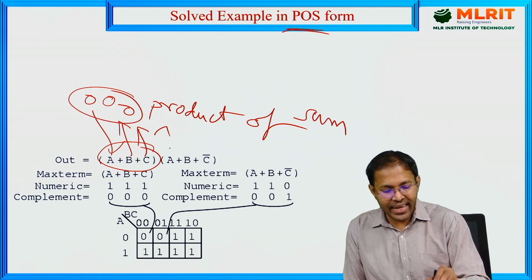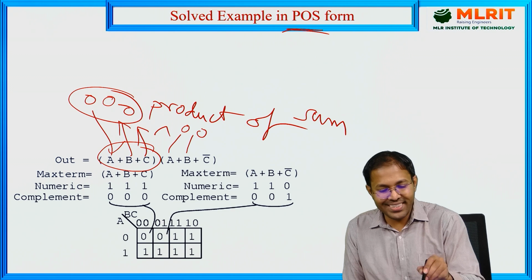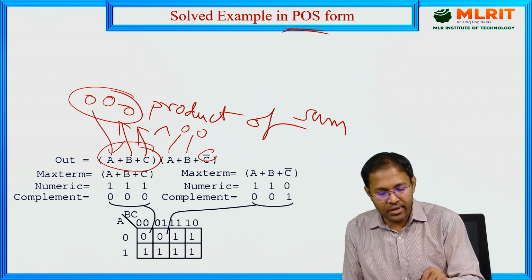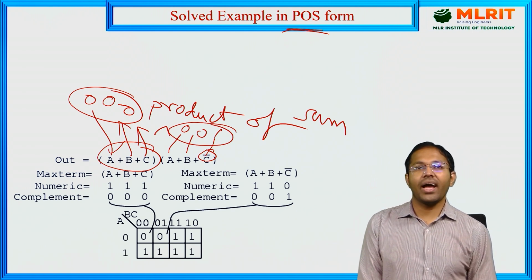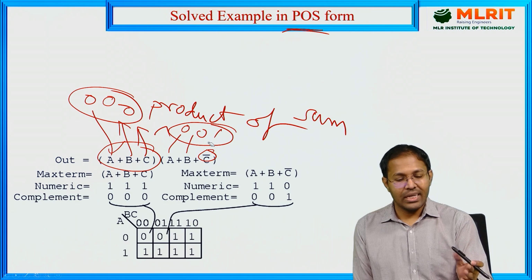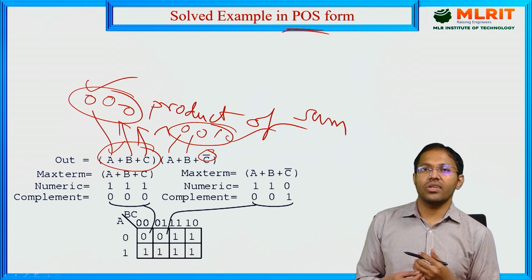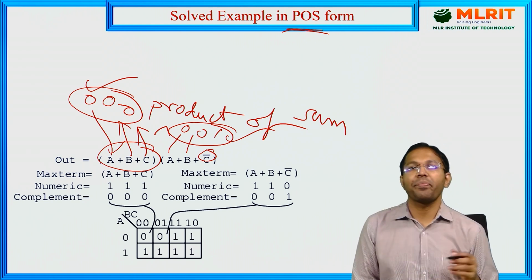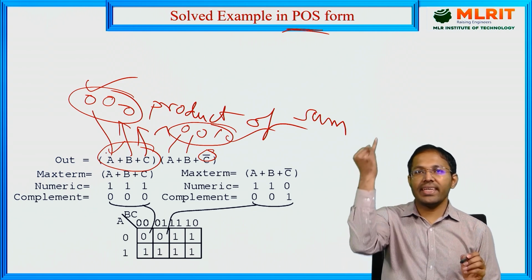Next, here again A 0, B 0, but there is a C bar, so we have to take 1 because there is a complement term here. So now we have two terms. One term is 0, 0, 0. Another term corresponds to 0, 0, 1. Now we need to draw the K-map. We are drawing the K-map and we have 3 variables A, B, C.